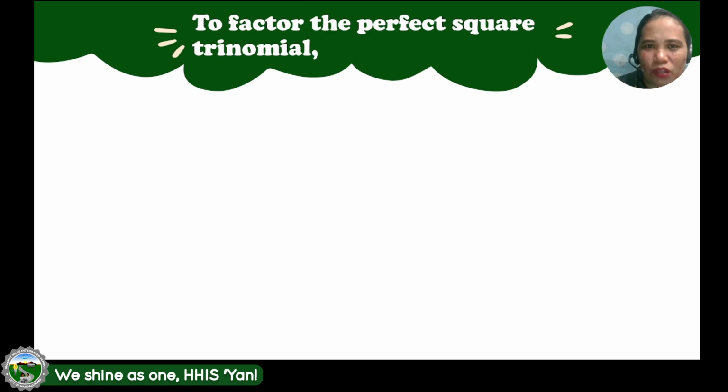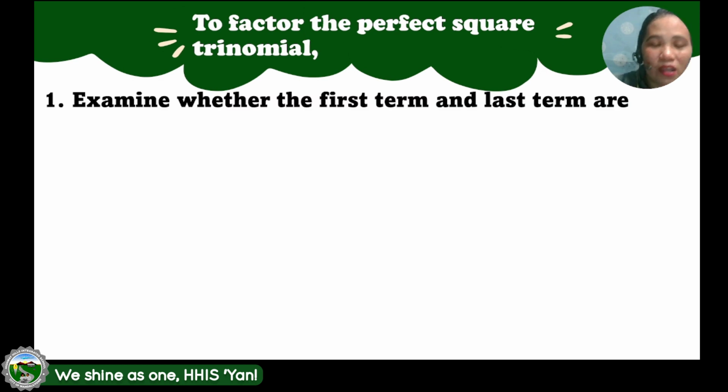How are we going to factor a perfect square trinomial? You have to consider the following steps. First, examine whether the first term and last term are perfect squares. How can we do that? We all know that a perfect square is a number that is multiplied by itself.